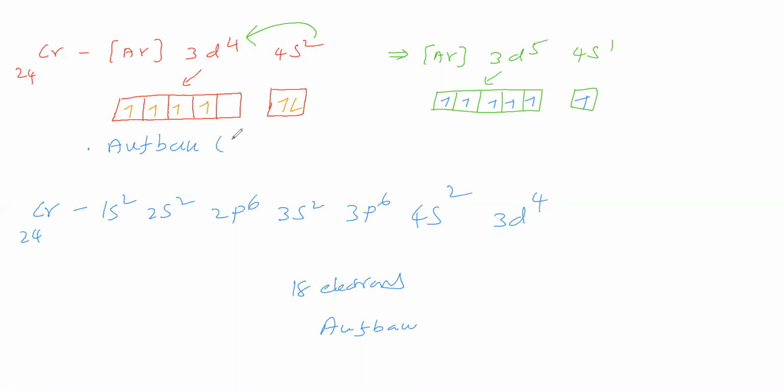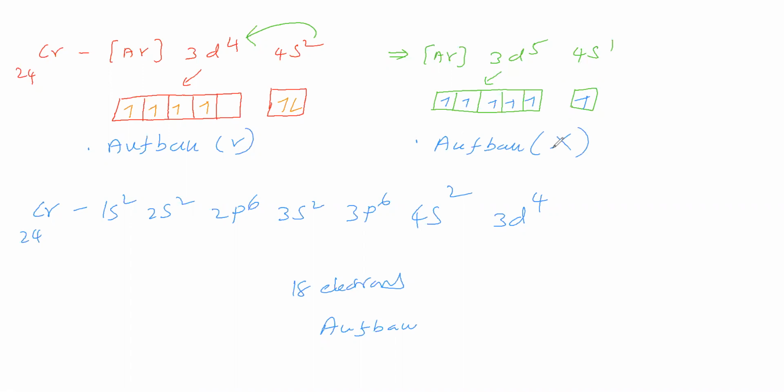As per the Aufbau principle, this electronic configuration is written. So what we said, from 4s one electron goes to 3d, so the configuration becomes 3d5 4s1. In this one, is the Aufbau principle followed or violated? What do you say? We can say that the Aufbau principle is violated. Why?